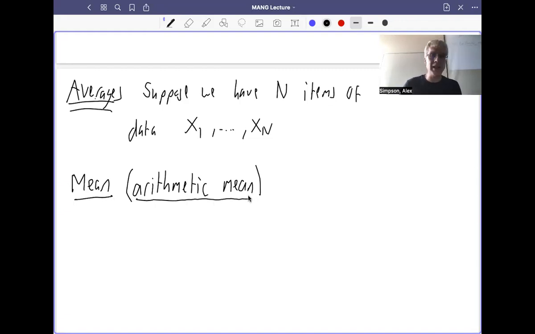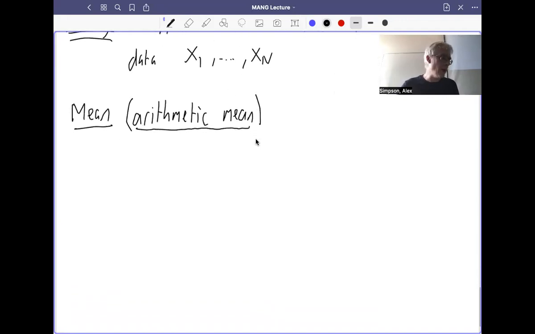So the arithmetic mean is like a typical value of the data. And as you all know, I guess, you simply sum the n values and divide by n to find what's called the typical value.